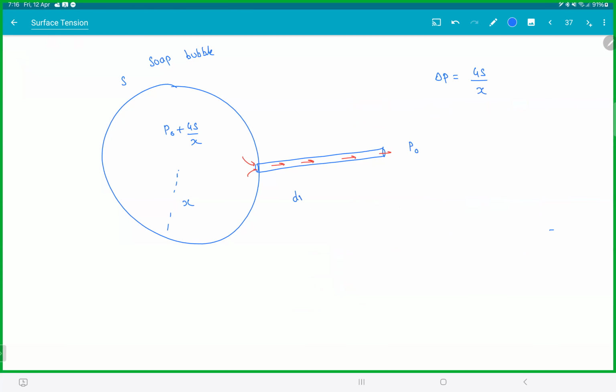So the formula is dV by dt is pi delta P r power 4 by 8 eta L. We know volume is 4 by 3 pi x cubed, so dV will be 4 pi x square dx. We'll put a minus sign because it is decreasing. Pi delta P is 4S by x, r power 4 by 8 eta L.